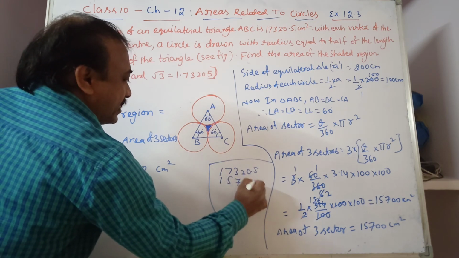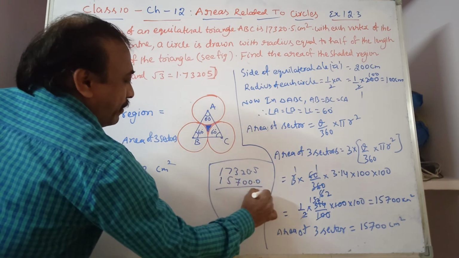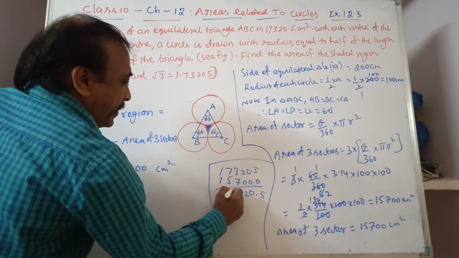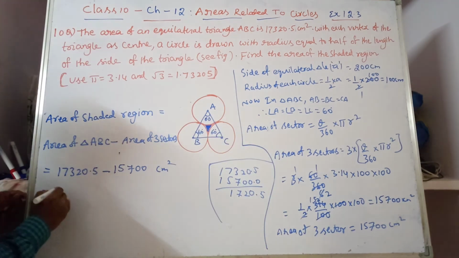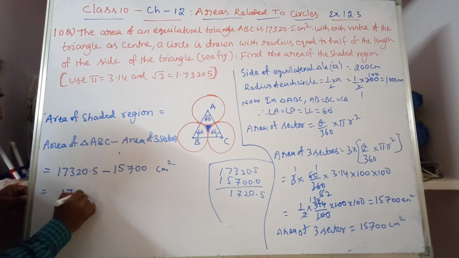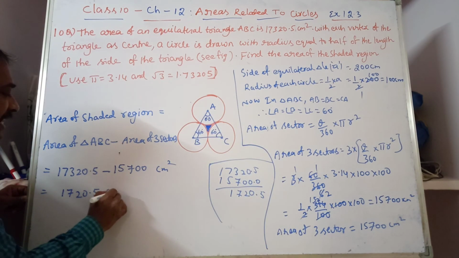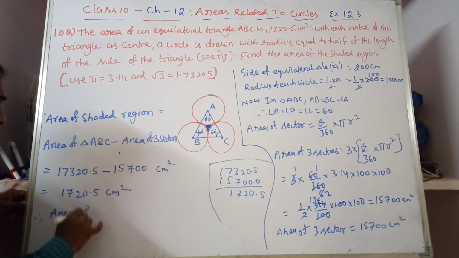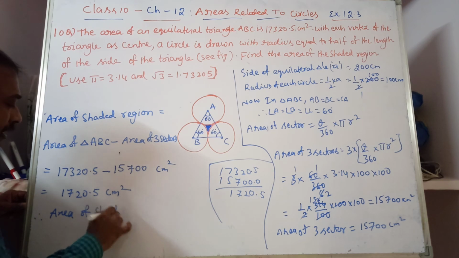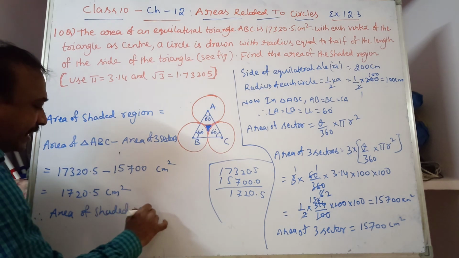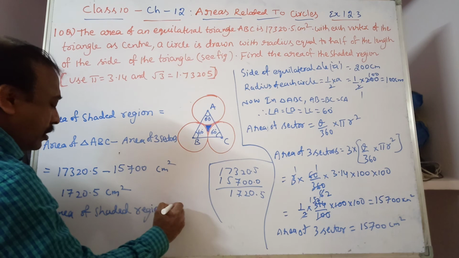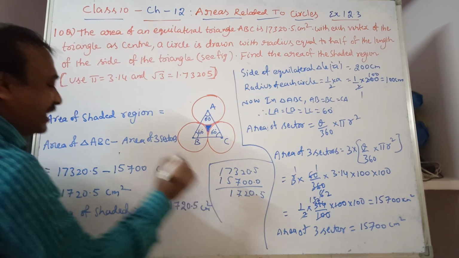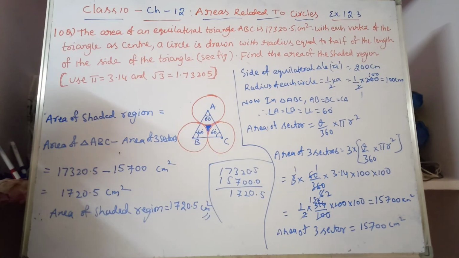So 0.5, 0, 13 minus 7, 6, 6 minus 5, 1. Which is equal to 1720.5 centimeter square. Therefore, area of shaded region is equal to 1720.5 centimeter square. I hope you understood.